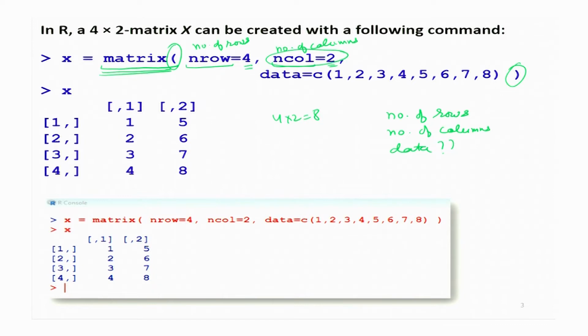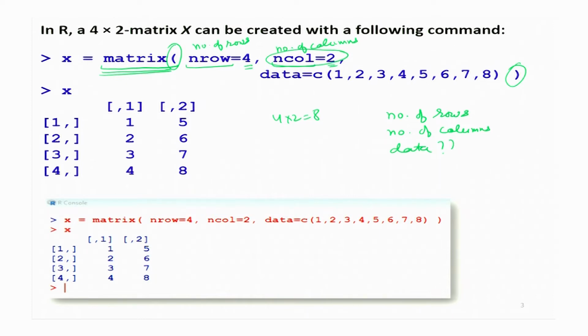And you know, any particular element in the matrix has an address, and that address is indicated by the row and column. For example, I can say the element in the second row and third column.